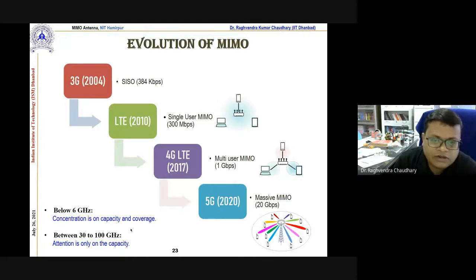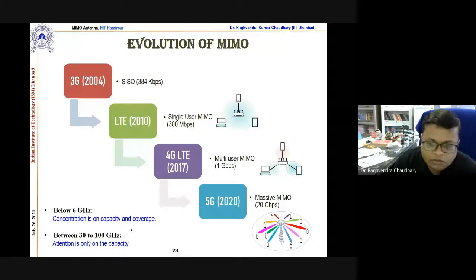Then LTE was introduced in 2009, and it was single user MIMO, which came with a 300 Mbps speed. Finally, in 2016, in our hand we have cell phones with multi-user MIMO, and now we are expecting massive MIMO, which can give you 20 GB speed.